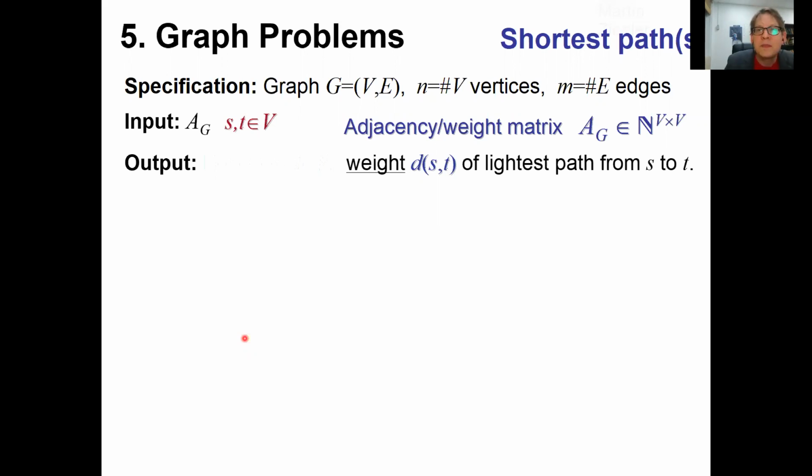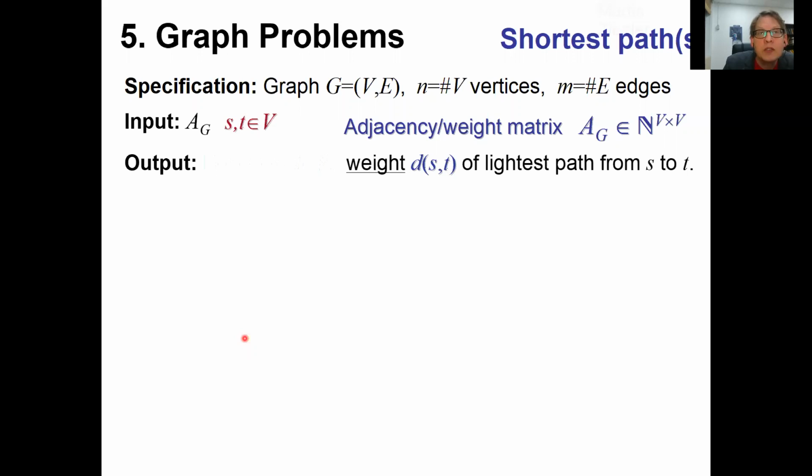So this is the first shortest path problem we consider. Given a start vertex and target vertex in a graph given by its weighted adjacency matrix, return the weight of a lightest path from S to T, or infinity if there is no path at all. That's a qualitative connectivity problem which we may also presume to have been solved already using the previous algorithm, right?